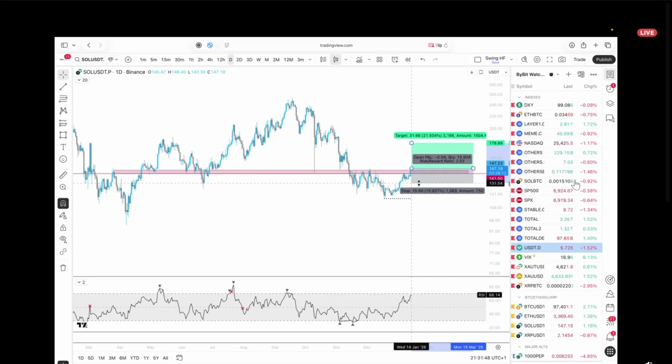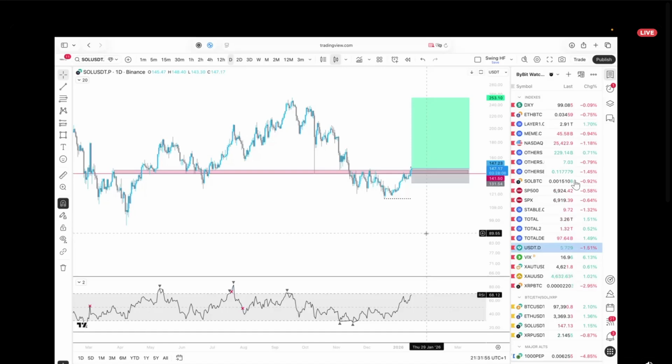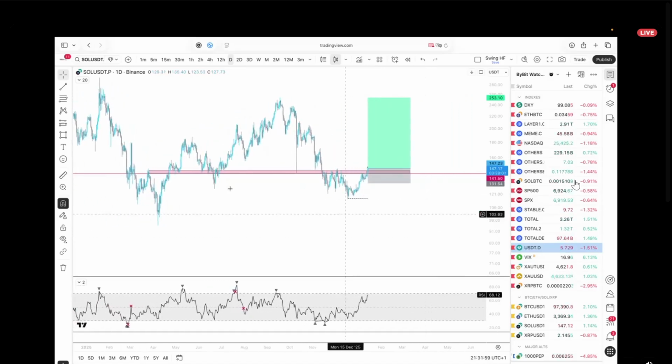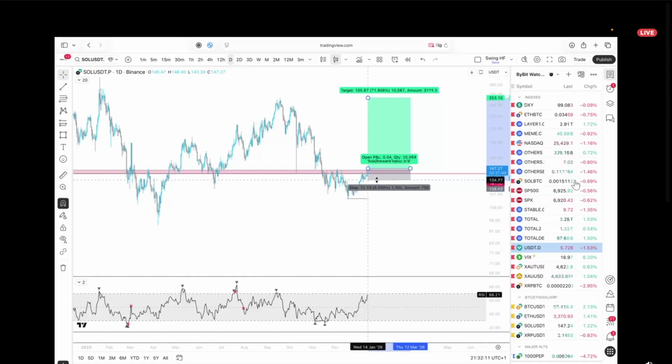Interesting one. Oh, a 70% move to 250. I don't know. But this box, if flipped, is a great one. Deviation, reclaim, up, support, support, down, resistance, resistance, resistance.